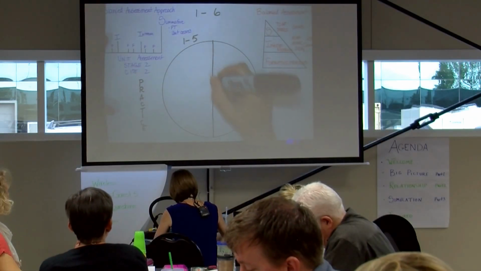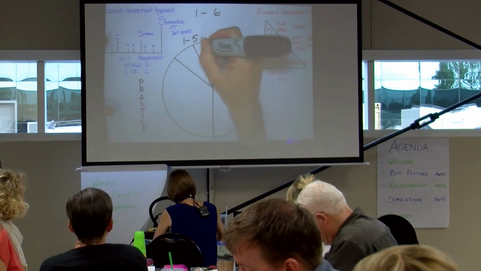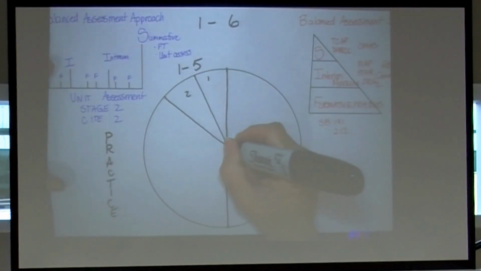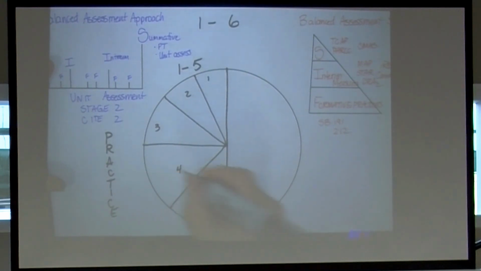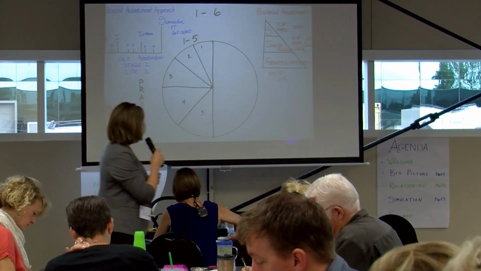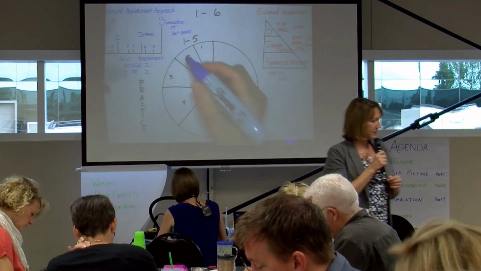In Cite 1 through 5, we've got Cite 1. What are our outcomes? We have Cite 2. How do we measure those outcomes? In the assessment office, we're concerned about Cite 2. Cite 3, instruction. Cite 4, we've got our teaching, or our culture and climate. And then Cite 5 is professionalism.